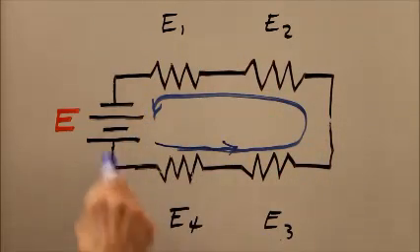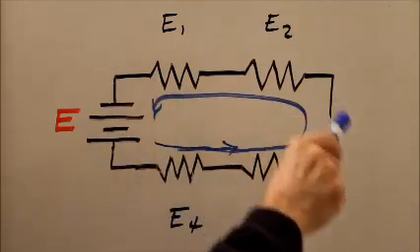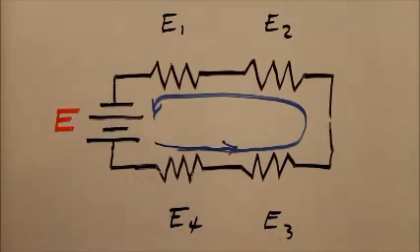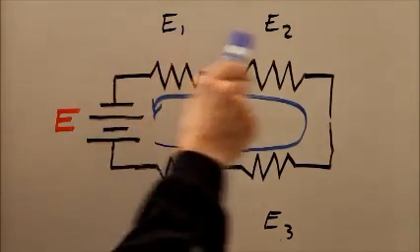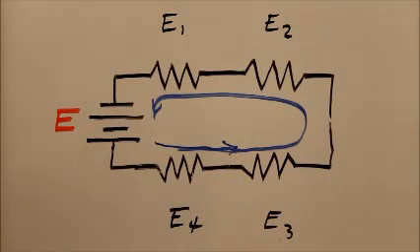And when we do that, in effect, we go all the way around the circuit from any particular point back to that same point. We always get 0.